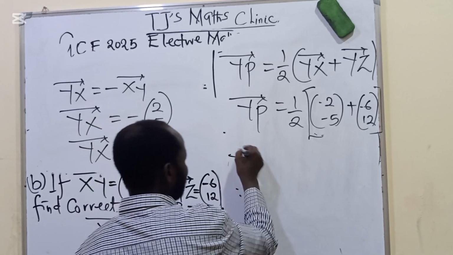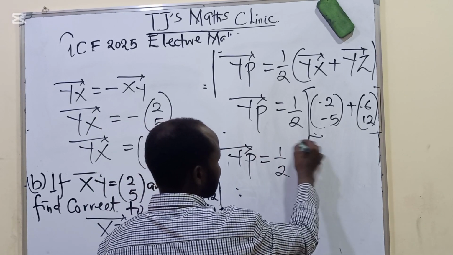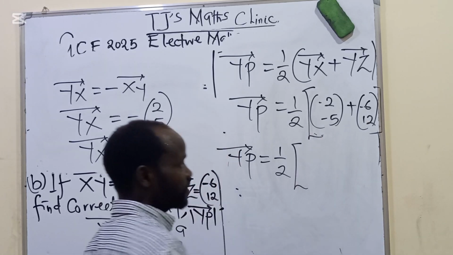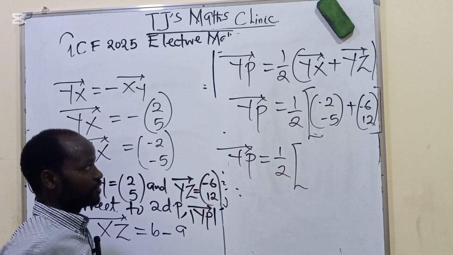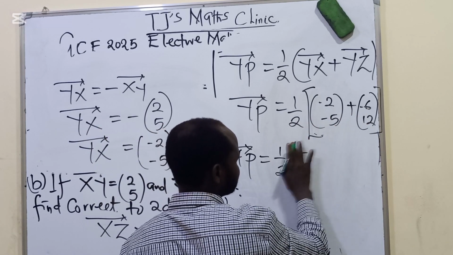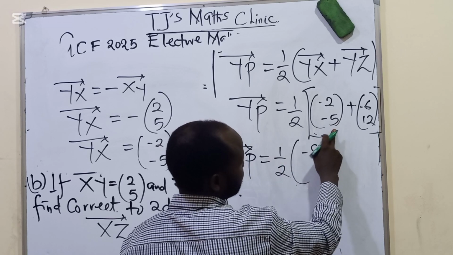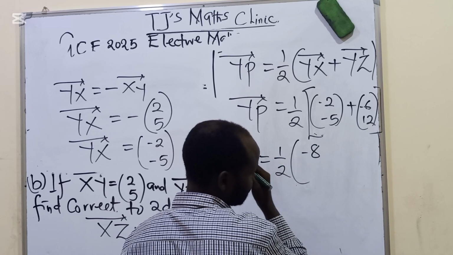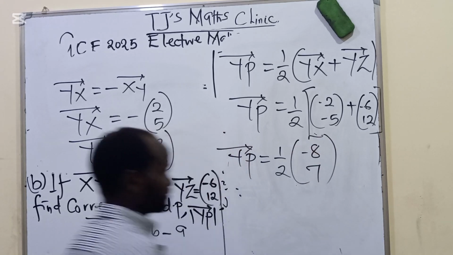So vector YP now will be half of, we add i to i, j to j. This is i and this is j. So it will be minus 2 plus minus 6, that will be minus 8. Minus 5 plus 12, that will be 7.